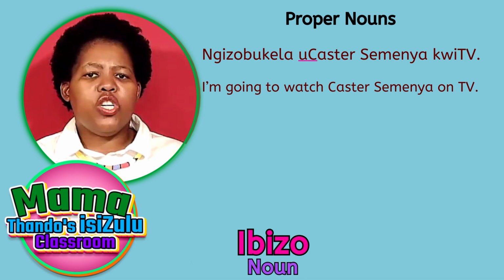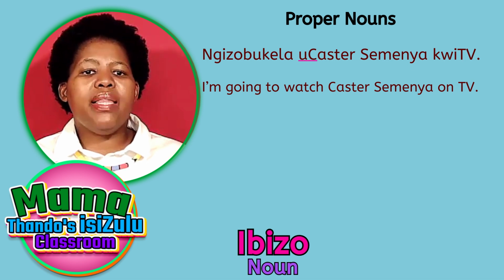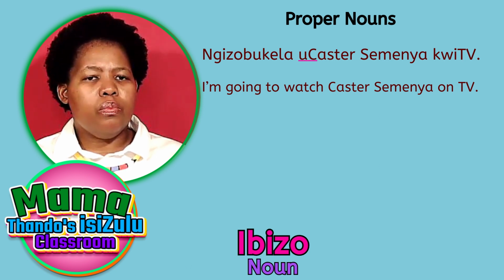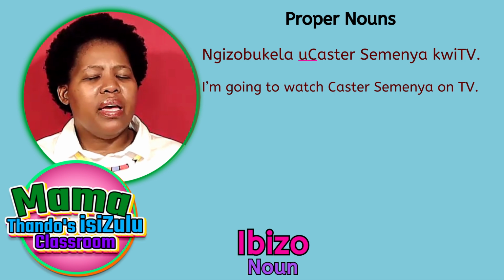I'm going to watch Caster Semenya on TV. Ngizobukela uCaster Semenya kwi-TV. See that U prefix before Caster's name. It's now lowercase because it is not at the start of the sentence.